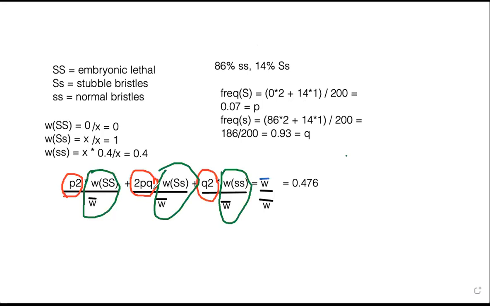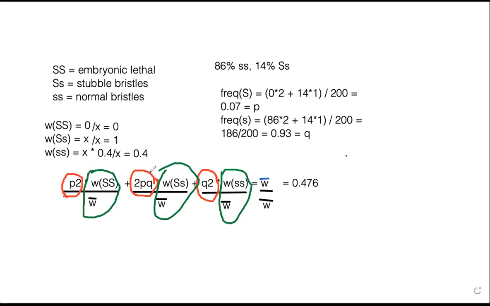W big S little s right there is equal to 1, and 1 is going to be divided by 0.476. Well, 1 divided by something less than 1 must be something greater than 1. So our frequency of heterozygotes is going to be larger than it would be if there wasn't any selection.